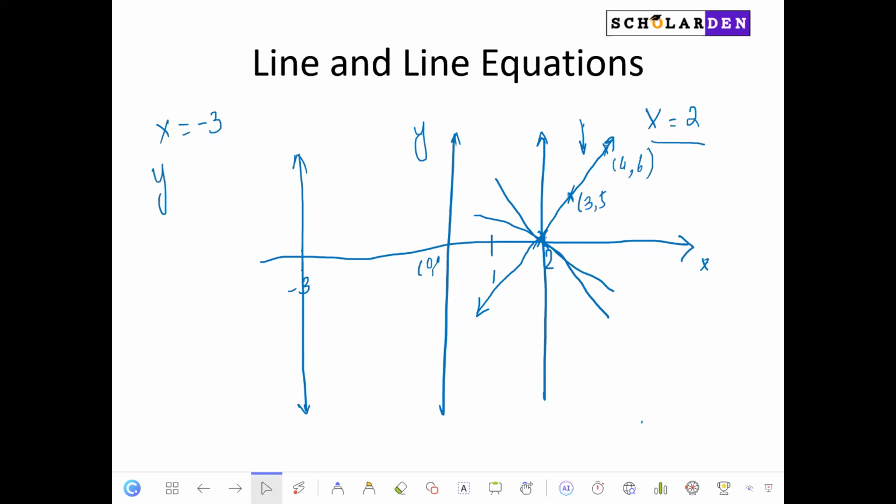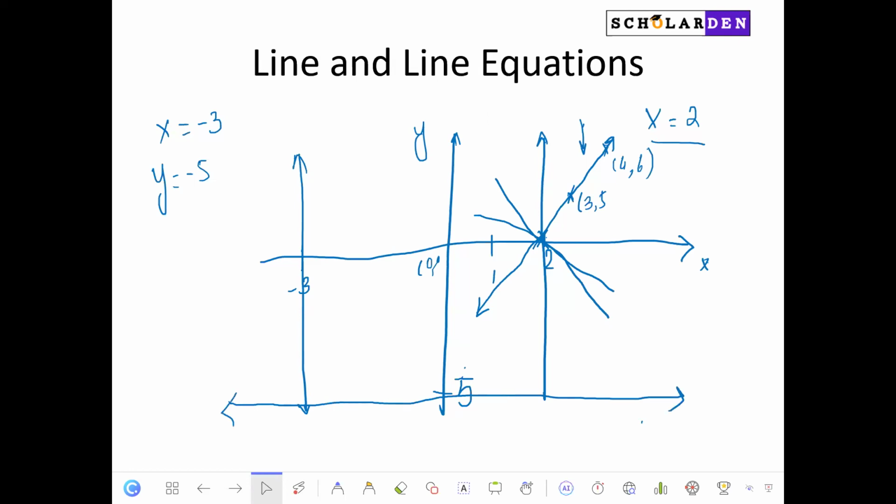Conversely, if you had a line governed by, say, y is equal to -5, it is somewhere over here. So conversely, what we can see is that this line is going to be drawn like this.